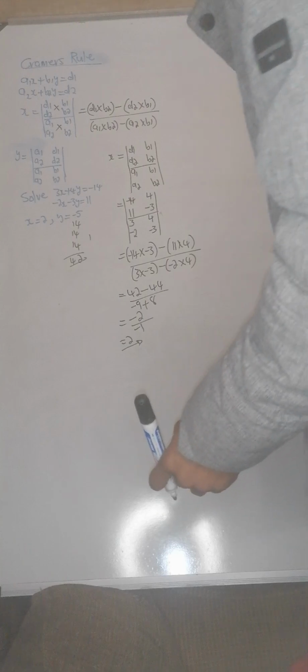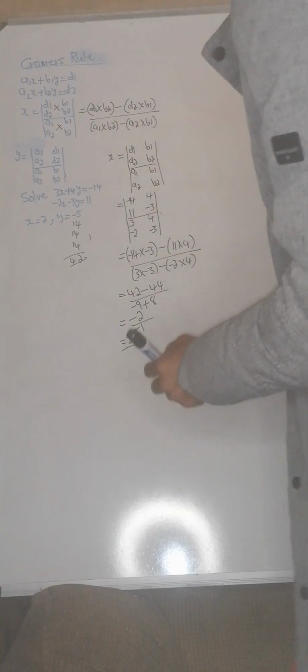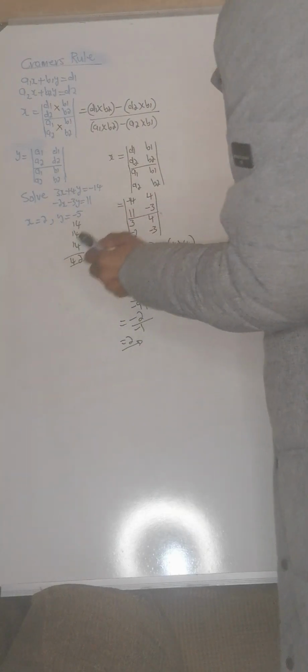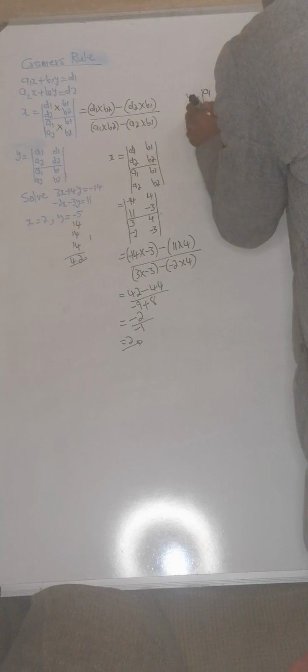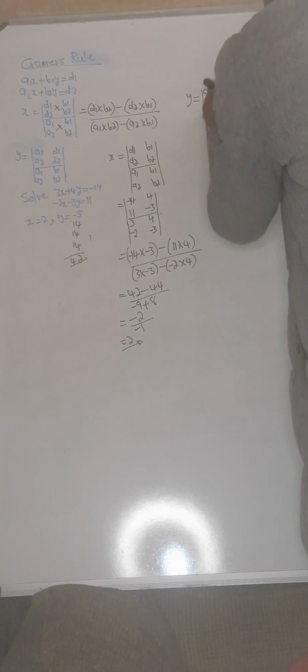Very, very fantastic. Now from here, what is it that I need to do? I need to find the value of y. How do I find the value of y? I would just say that y equals a1 a2 d1 d2 over a1 a2 b1 b2.